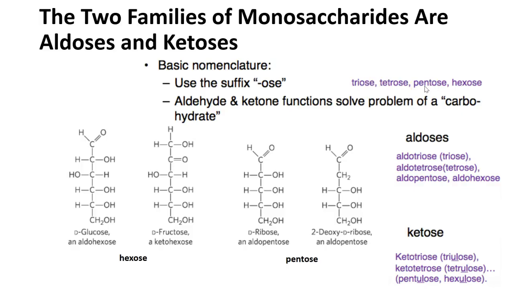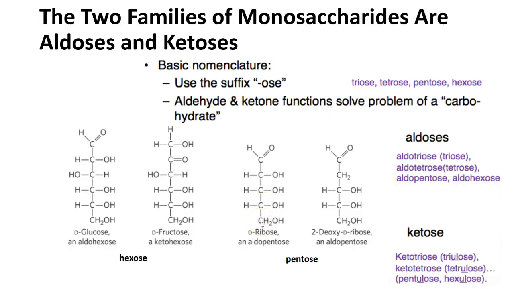All that is telling the length of the carbon chain. Hexose is 6, so you have 1, 2, 3, 4, 5, 6 carbons. Then pentose is 5 carbons, so 1, 2, 3, 4, 5.